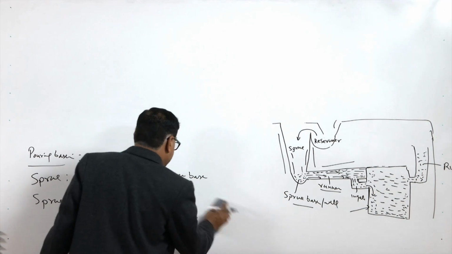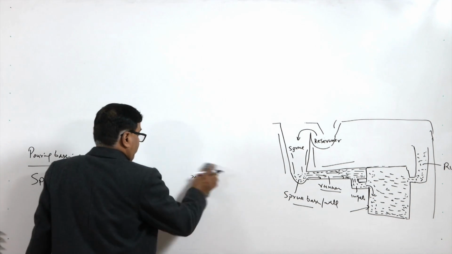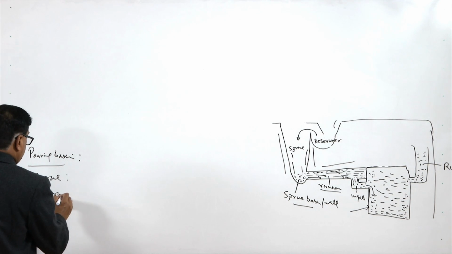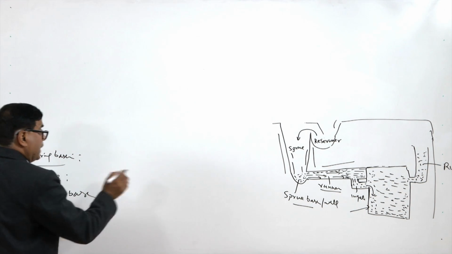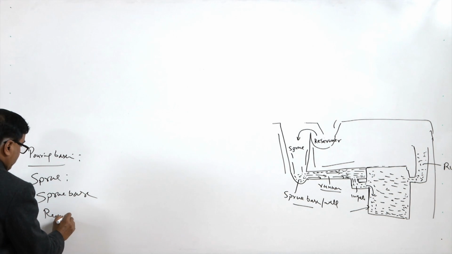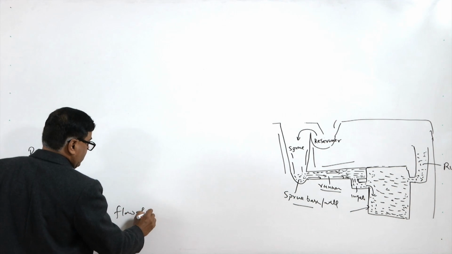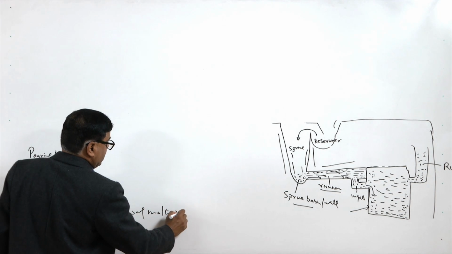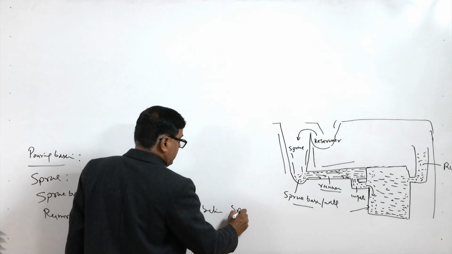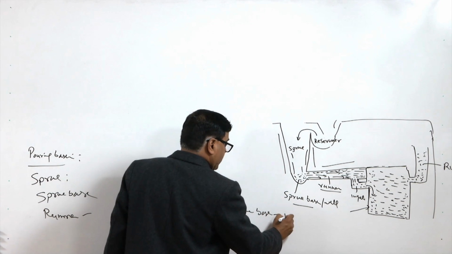The runner is basically a channel through which molten metal flows between the sprue base and the ingates. So, basically the runner facilitates the flow of the molten metal between the sprue base and the ingate.